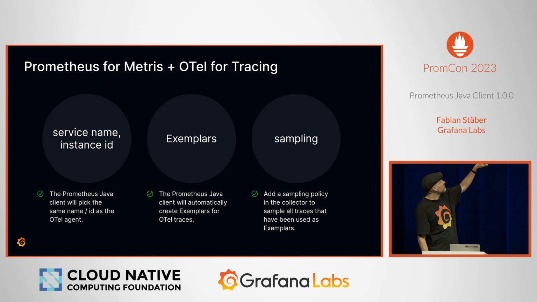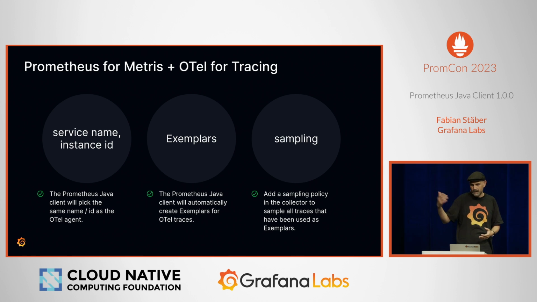What that means in practice is you can, for example, decide to use the Prometheus Java client for instrumenting your application with metrics, but at the same time use the OpenTelemetry Java agent and attach it to get distributed traces. And for that scenario, the Prometheus Java client has a couple of magic things that happen under the hood that make this scenario really a smooth experience.